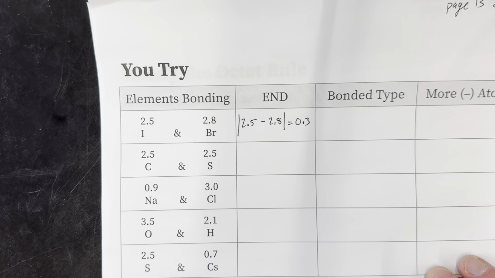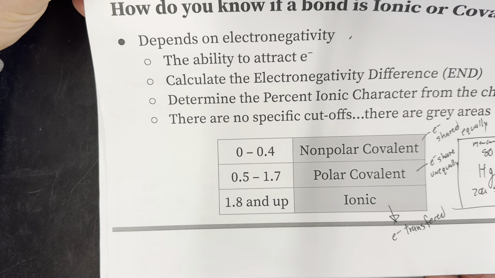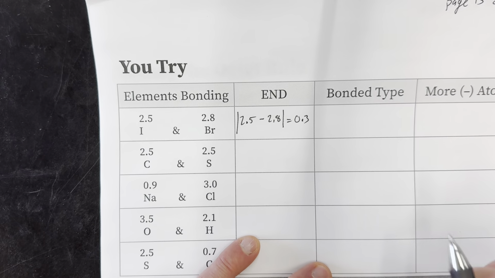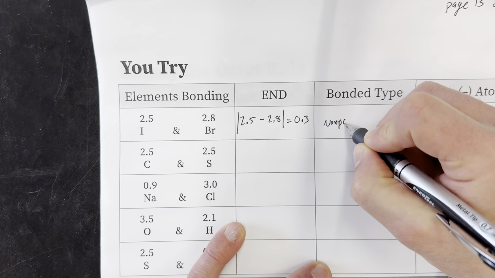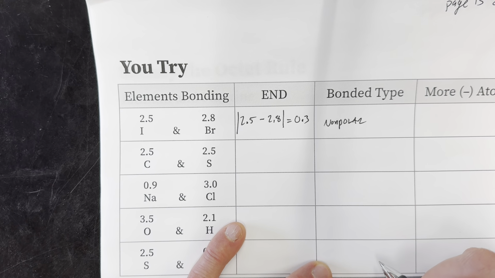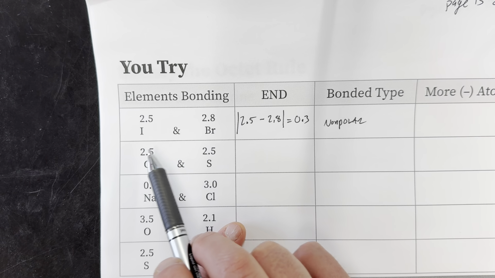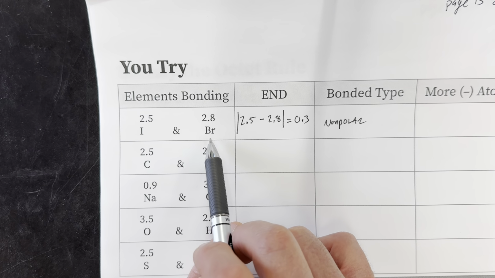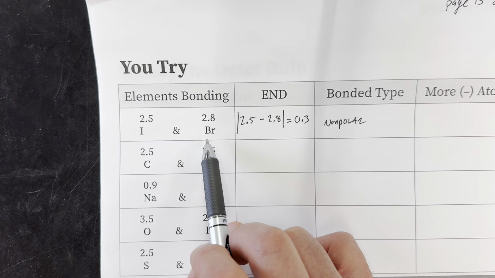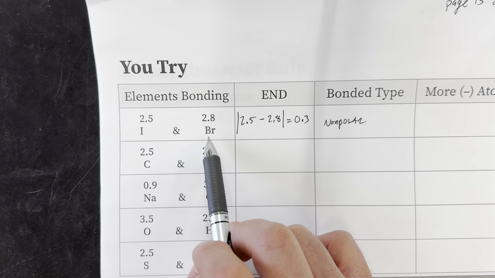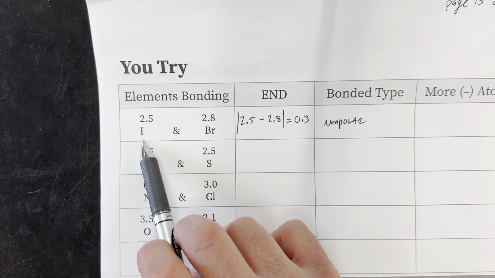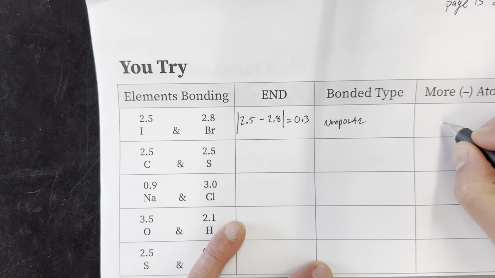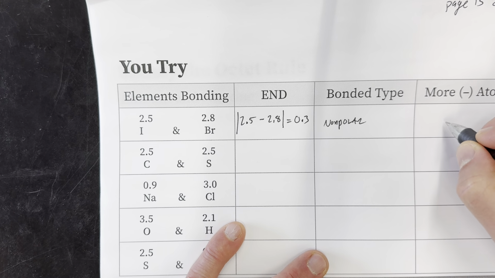If I go back to my cutoff, 0.3 means it's nonpolar covalent. And then the question is, which atom is more negative, meaning more electronegative, or where the electron spends most of its time? The answer has to do with the larger electronegativity number. So bromine, even though this is shared mostly equally, has a little more pull than iodine. That means the electron is going to be pulled more towards bromine because it's more negative.